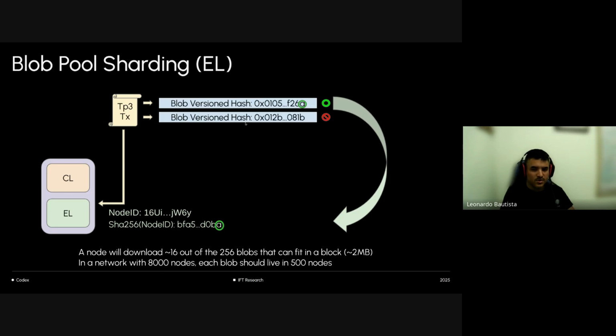Okay, so that means for every blob that is out there, running in the network, about 500 nodes will download that blob, because the last character of the hash matches with the last character of the hash of their node ID. Okay, so having every blob replicated in 500 nodes instead of the entire network is much more efficient in terms of how you use the storage of the nodes in the network, but it's also 500 nodes is quite resilient.